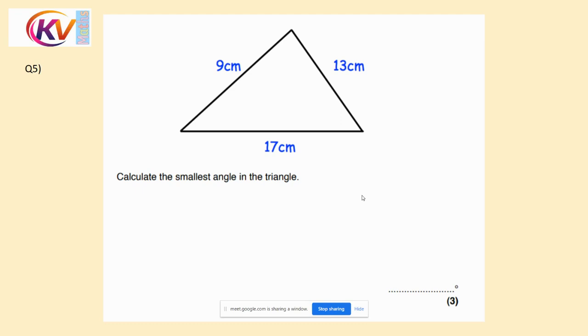Can anyone figure out which side or which angle is the smallest one? Whereabouts that one is?